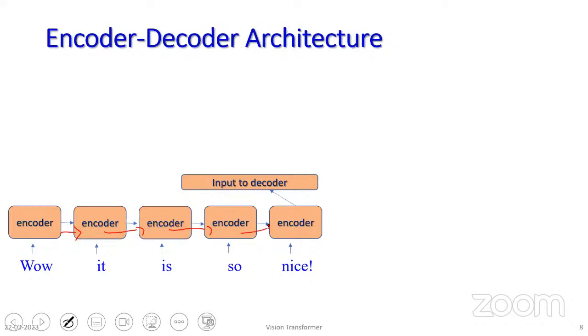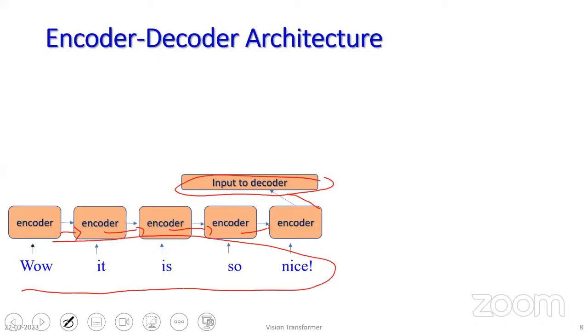And not only that, after the last encoder, you have a final context representation, or the hidden representation of this entire sentence. This sentence can be, say, 25 words long or 5 words long. It can be any length, but it is now encoded in a fixed length vector, right?